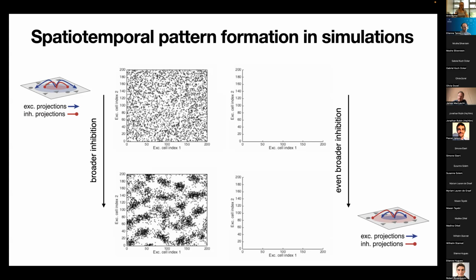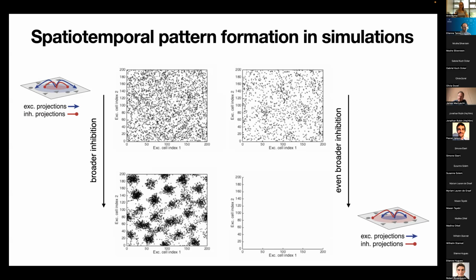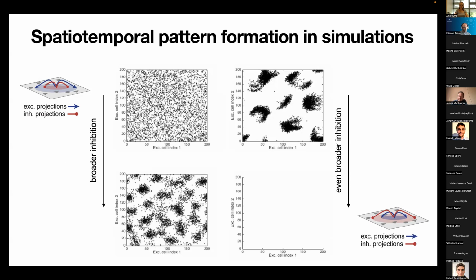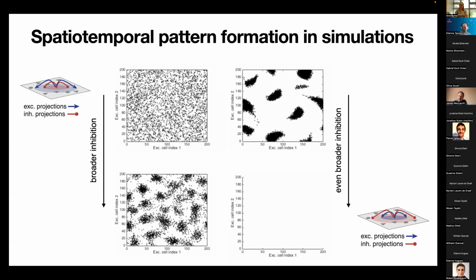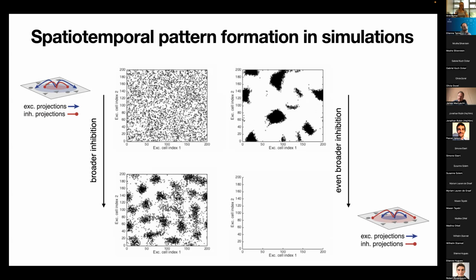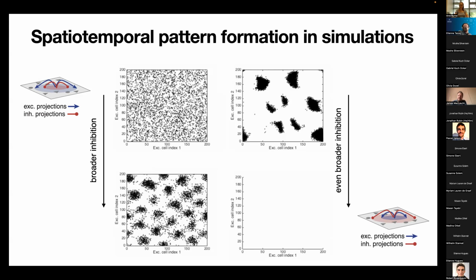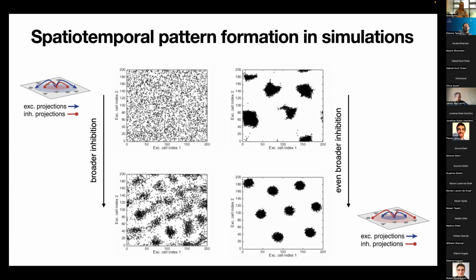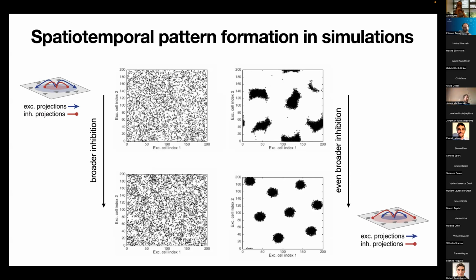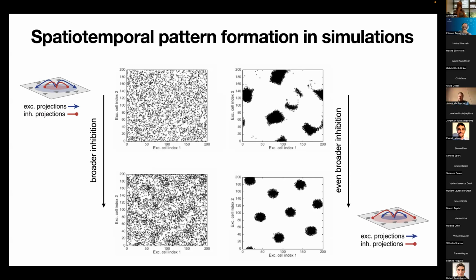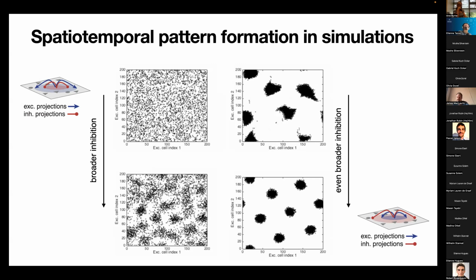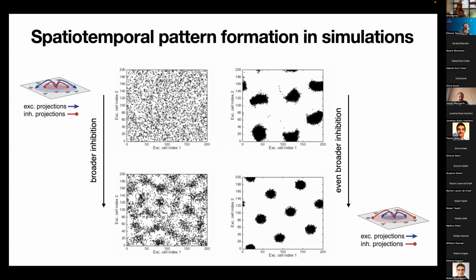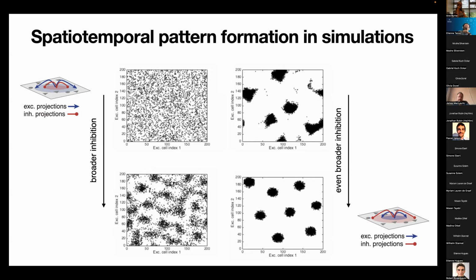We make inhibition broader still, and we see more coherent, intricate-looking patterns. With even broader inhibition, now we see these frozen patterns in space, these little disks frozen in space.